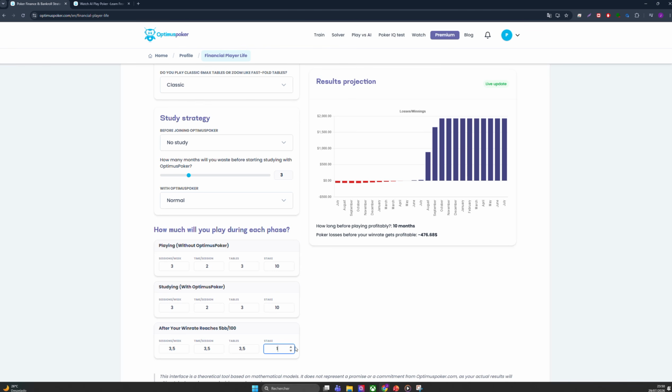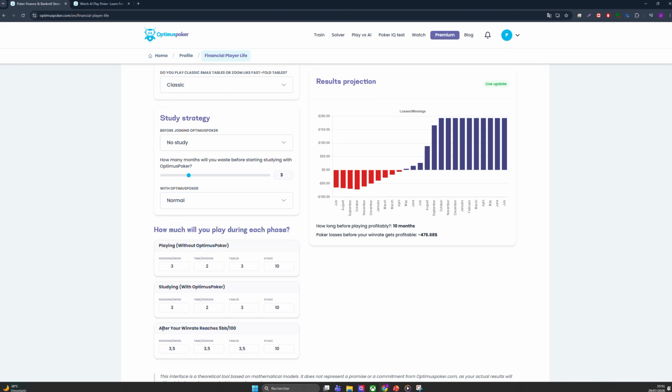So for now, as you probably understood, this graph has 3 periods. The first period is where the user only plays without studying. Then there's one period where the player studies the game and plays the game.